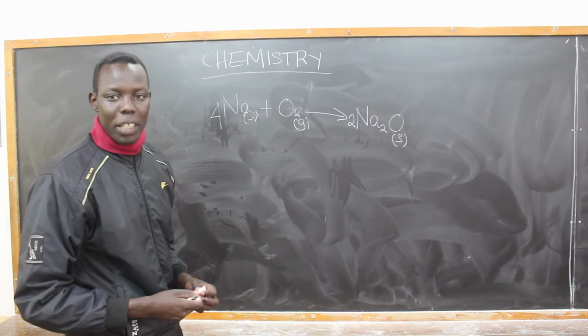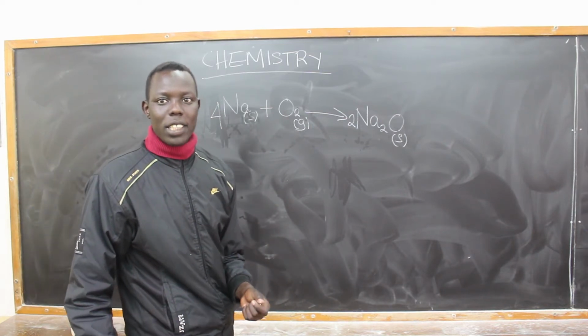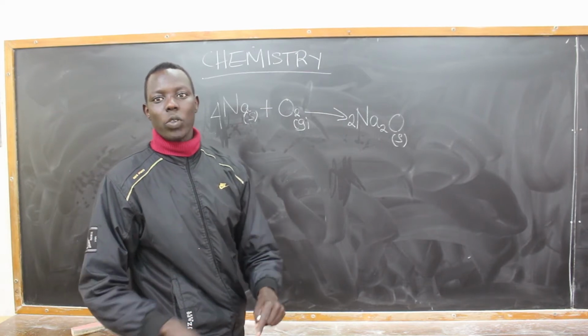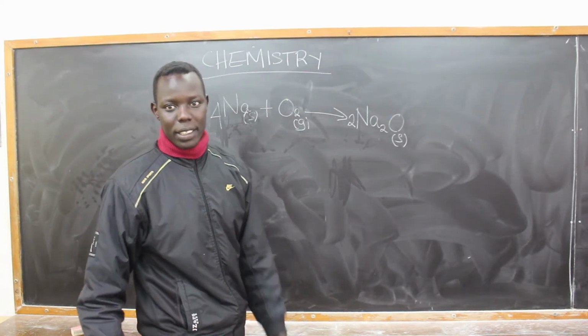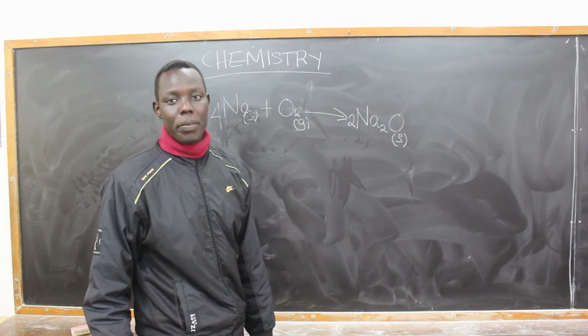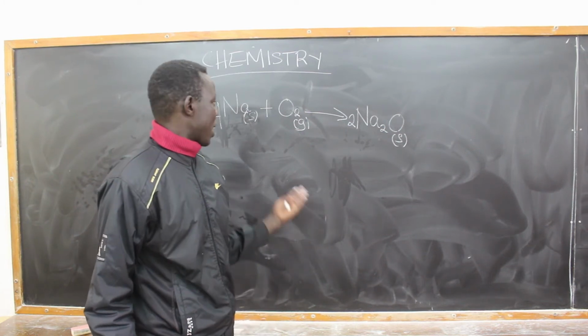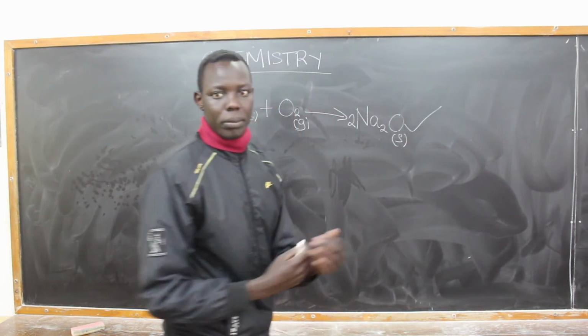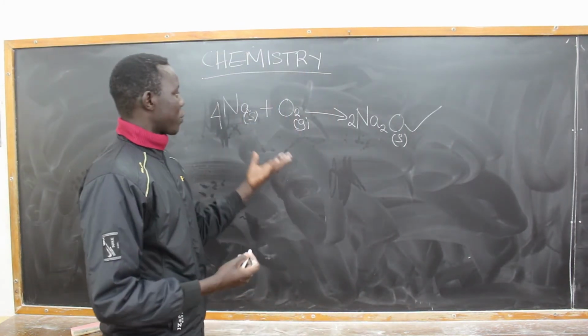Anytime you are balancing a chemical equation, unless you are sure of what you are doing, start by using a pencil. After you have balanced it, now write it if you want to use an ink pen. As simple as that, that is how it should be. So you see, it is balanced.